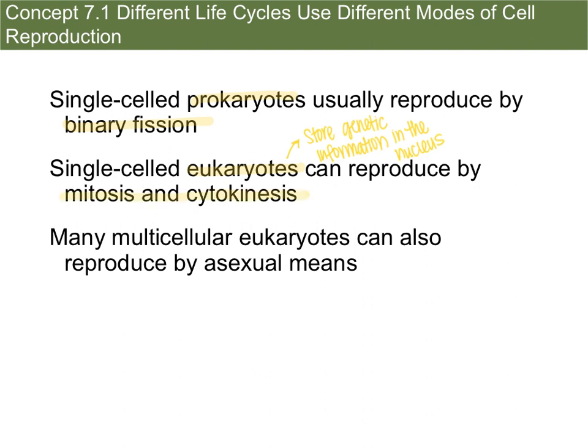Okay, but it's not only single-celled organisms that can reproduce asexually. There are also multicellular eukaryotes that can reproduce by asexual means as well. Some examples of these organisms are starfish, which reproduce through fragmentation, or ivy or succulents that reproduce through propagation.